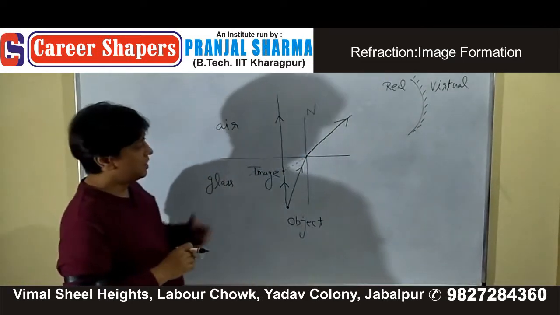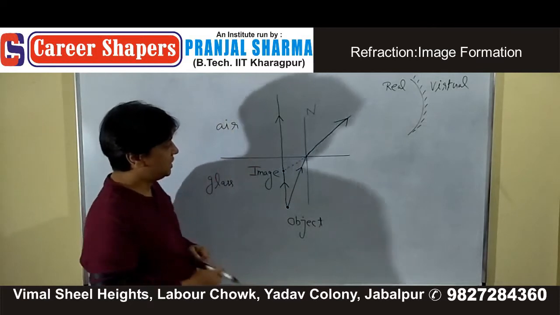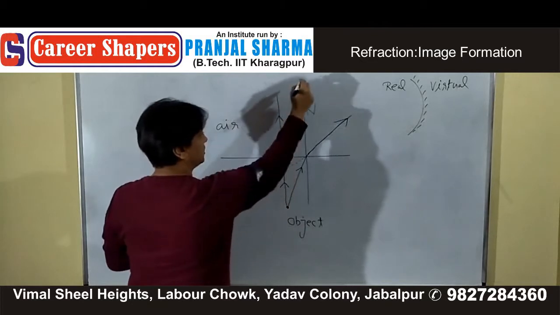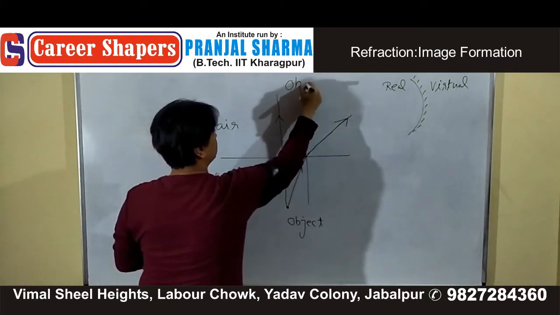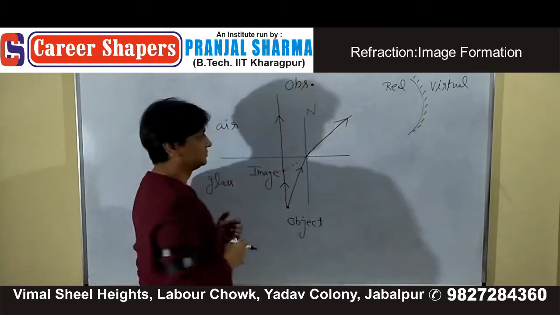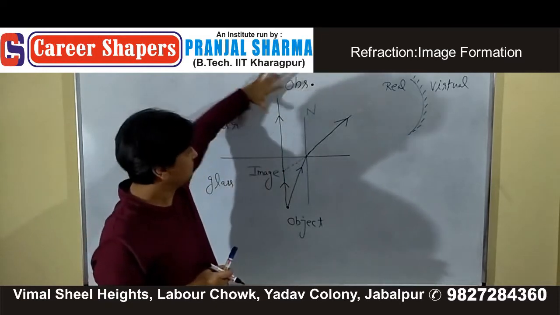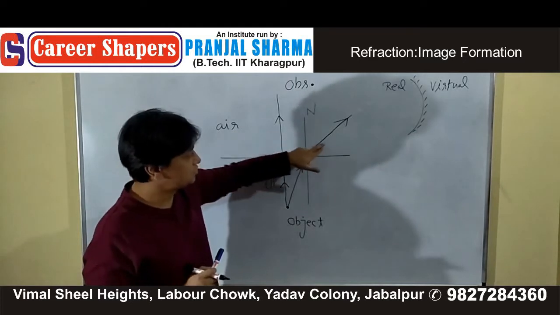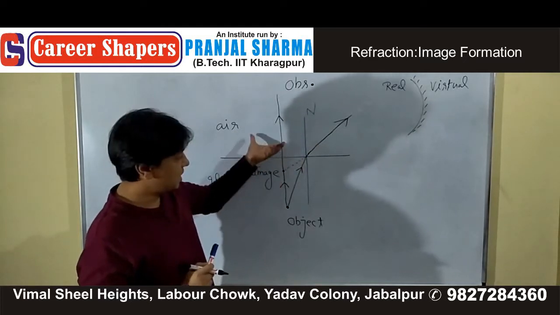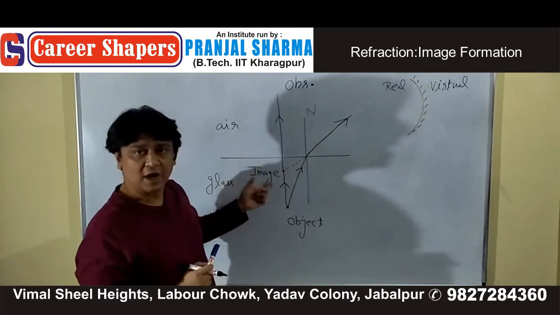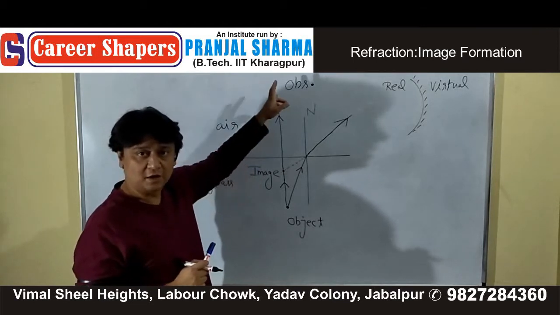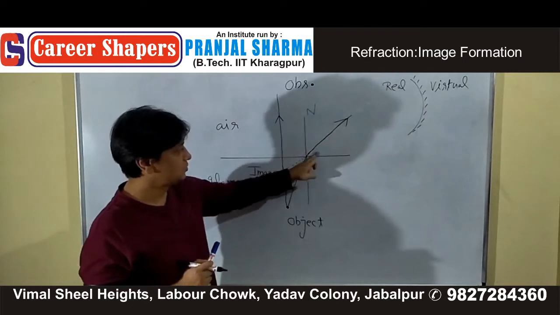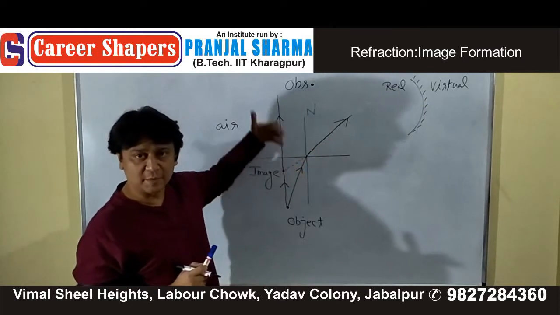Now in here, these two refracted rays are being observed by this observer. There is an observer outside in air. He finds these two rays coming out from the glass, and then his brain goes for intersection point of these two rays which are coming out.